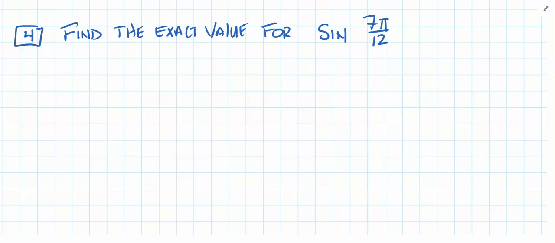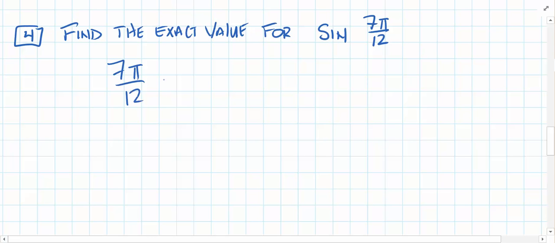So can we rewrite 7 pi over 12 into something that's useful for us? Anybody see anything? Think about it. Seth, what do you see, buddy? Can you show me how you did that from the beginning, please? Okay. So 7 pi over 12, you can turn 7 into 3 pi plus 4 pi. Yeah, 3 pi over 12 plus 4 pi over 12.